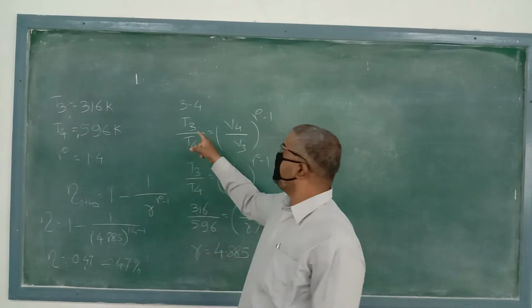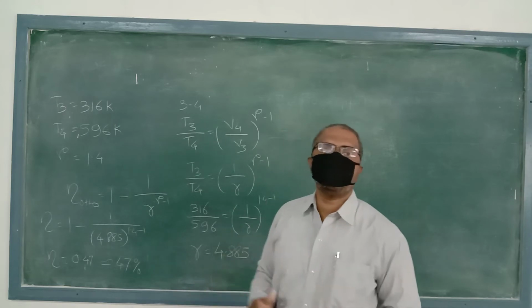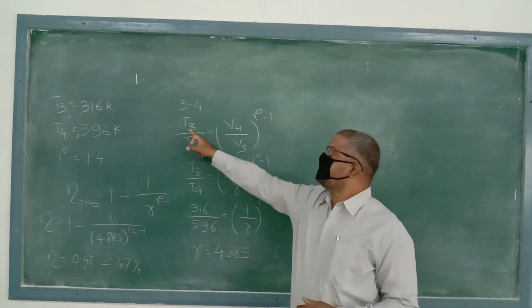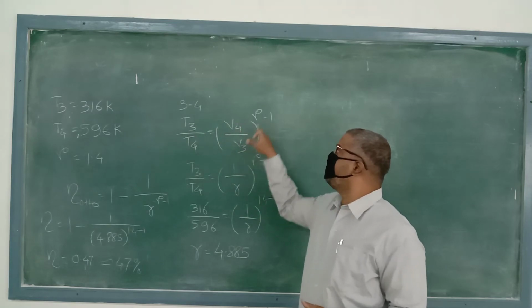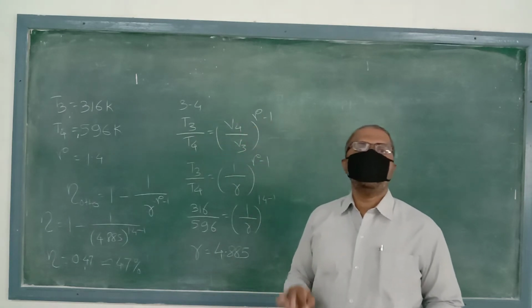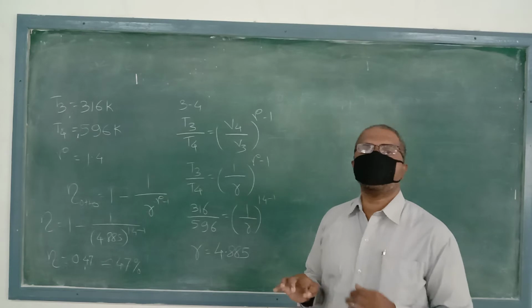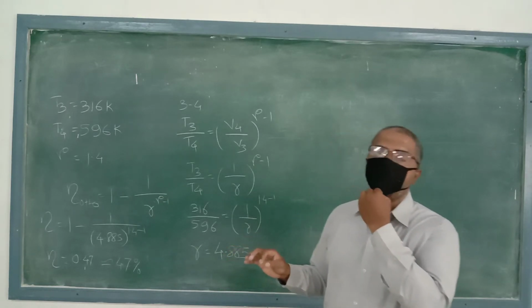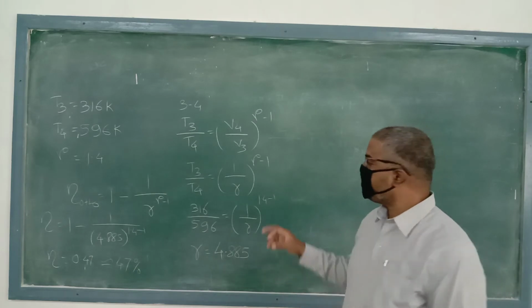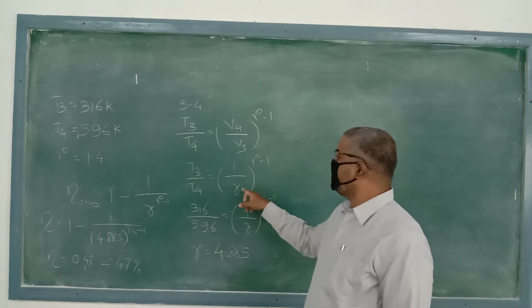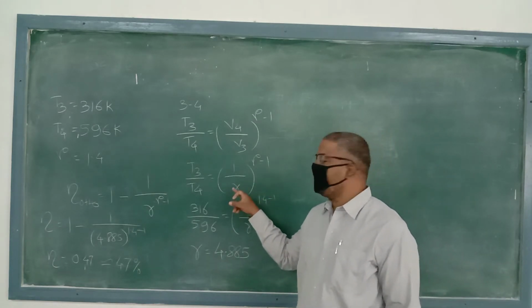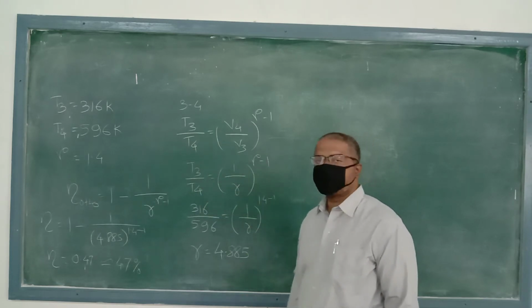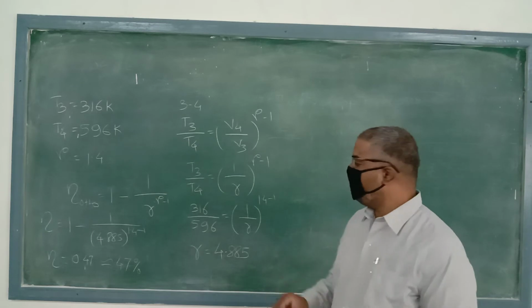We have the relation between temperature and volume during the isentropic compression process, T3 upon T4 is equal to V4 upon V3 raised to gamma minus 1, where V3 upon V4 is r. So T3 upon T4 is equal to 1 upon r raised to gamma minus 1.